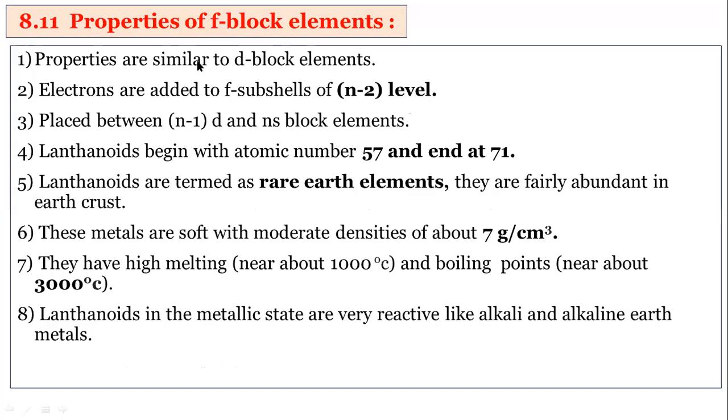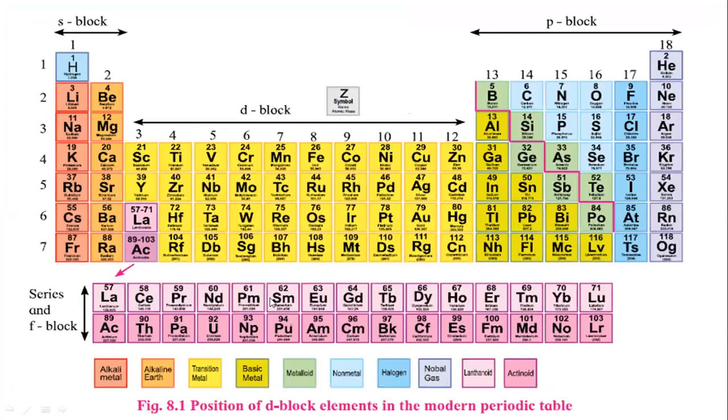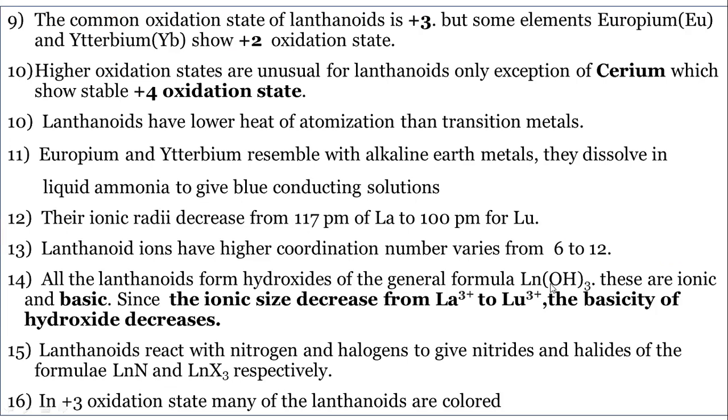Europium has atomic number 63 and ytterbium has atomic number 70. They show the +2 oxidation state. The general oxidation state is +3.